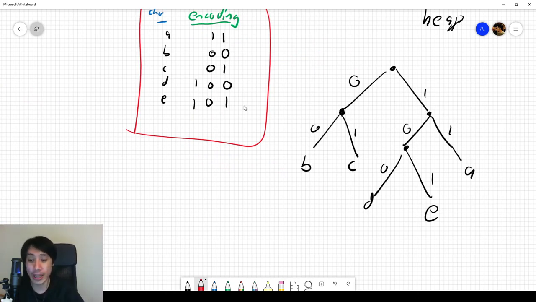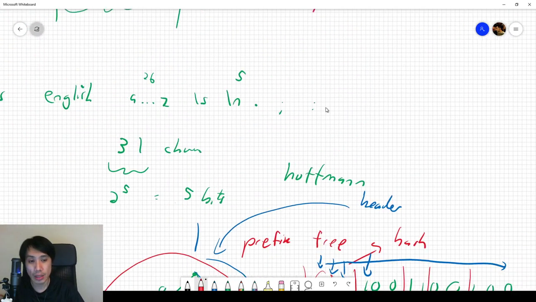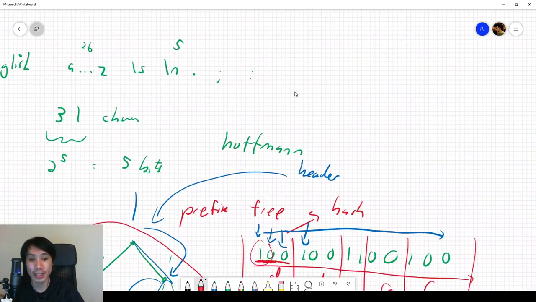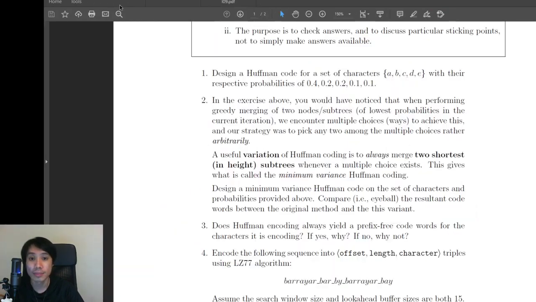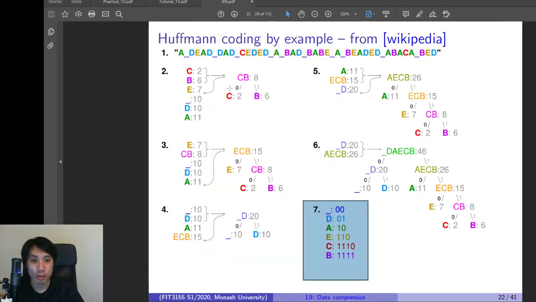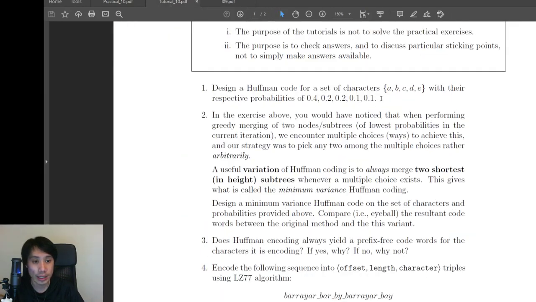From now on, every alphabet which you see is going to be encoded in the form of a Huffman. So this is your Huffman encoding. If you were to look at the one here, this is how I can encode, this is how I can decode.